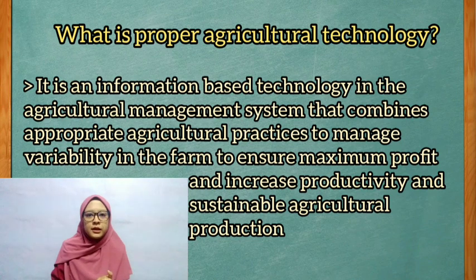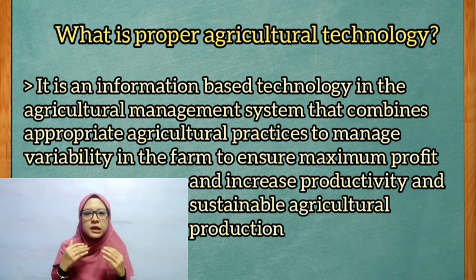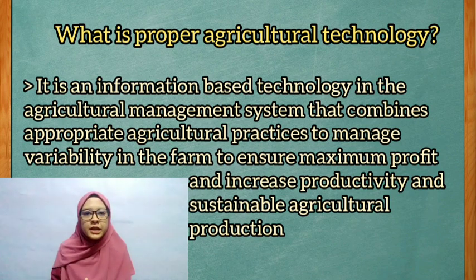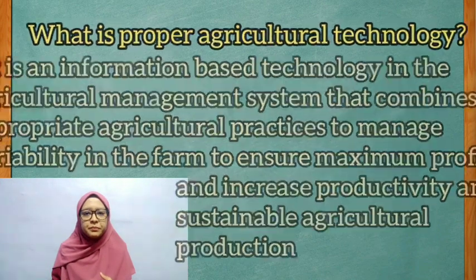What I understand, it is an information-based technology in the agriculture management system that combines appropriate agriculture practice to manage variables in the farm to ensure maximum profit and increase productivity and sustainable agriculture production.